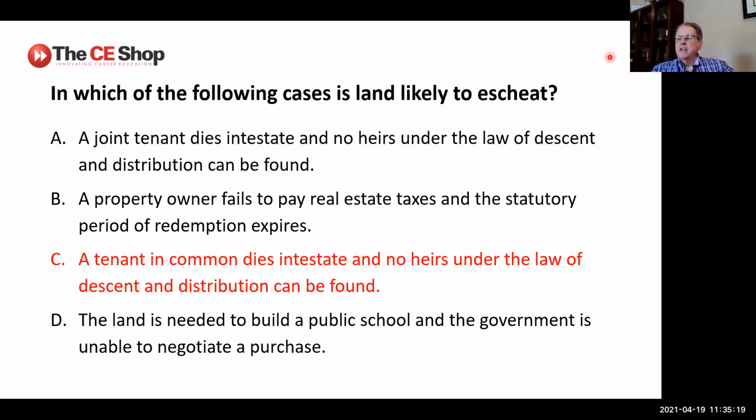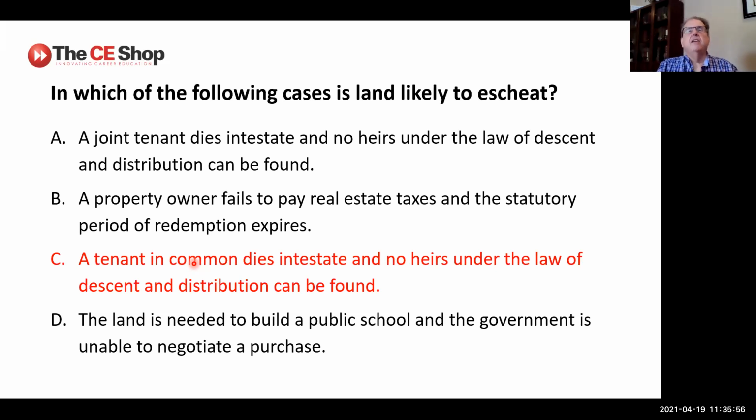Aha. It's the ownership. That's what messes everybody up. If it's a joint tenant with the right of survivorship, when the joint tenant dies, the joint tenant's interest in that real estate goes to the surviving joint tenant, not to the government. But if it's a tenancy in common, when the tenant in common dies and there is no will and there are no known heirs, there is no right of survivorship.